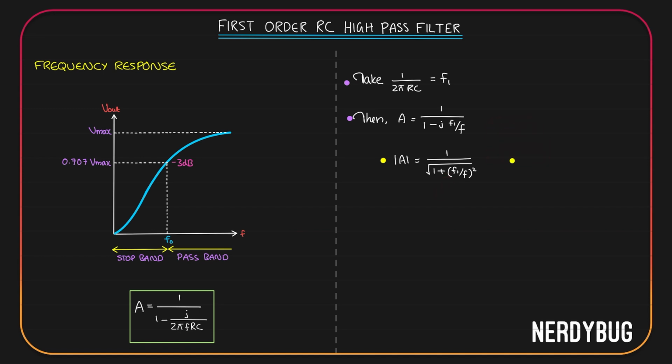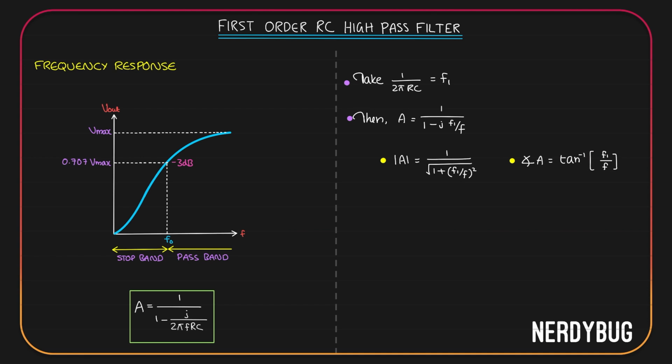I also want the phase of the gain. Since 1 minus j F1 by F is in the denominator, I'll have a negative tan inverse of the imaginary part divided by the real part. That is minus F1 by F divided by the real part, which is just 1. Now the minus here and minus here can get cancelled.